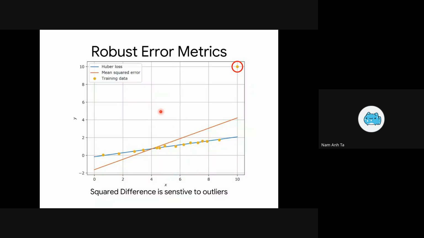Beyond brightness constancy, SSD, or sum of squared differences, is pretty sensitive to outliers. So how can we solve this?